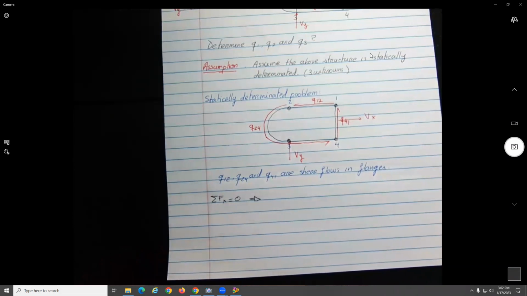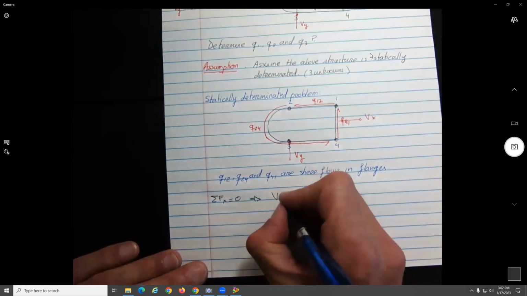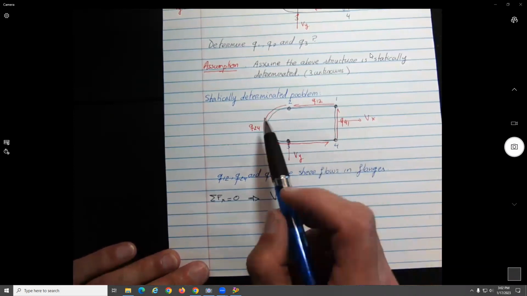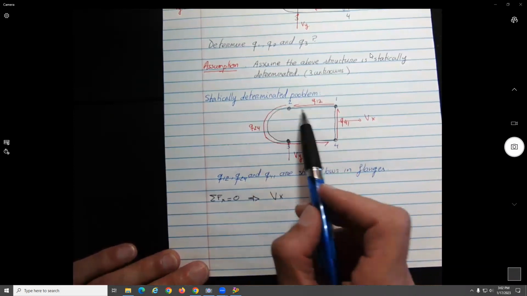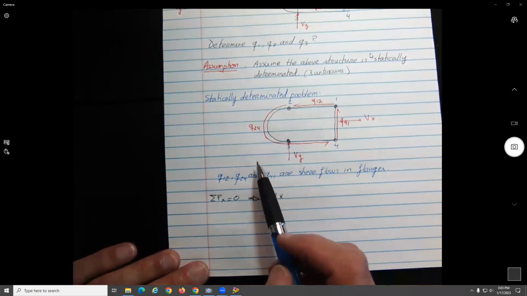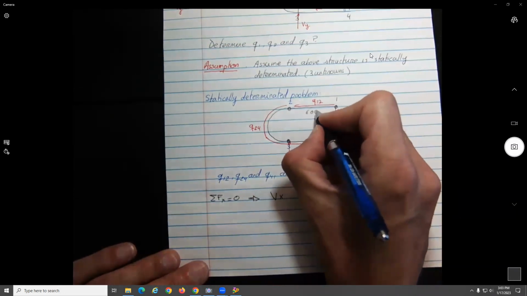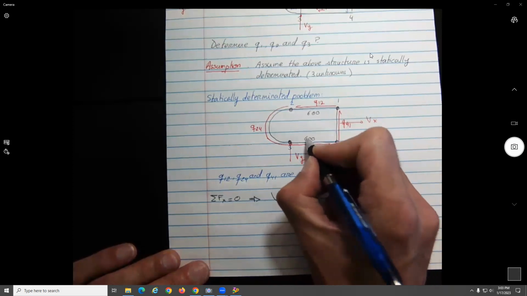Okay, so we make the assumption right here, that what will be the members carrying the Vx force? So let's say we have here Vx. What will be the flanges carrying this force? Should be this one and this one, no? Yeah, the horizontal. So we know that distance here is 600.